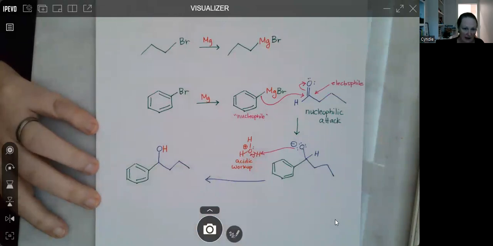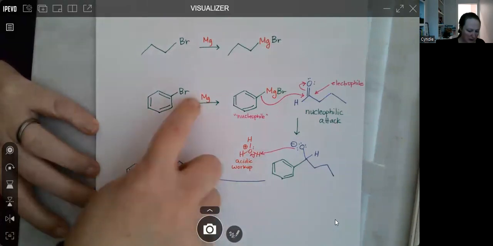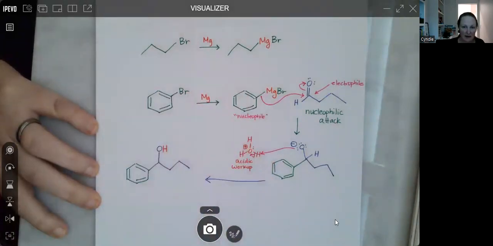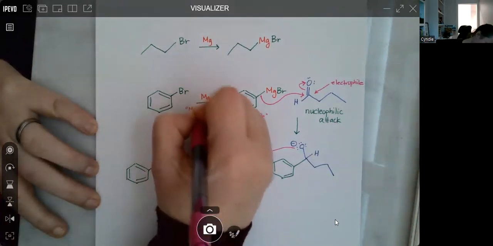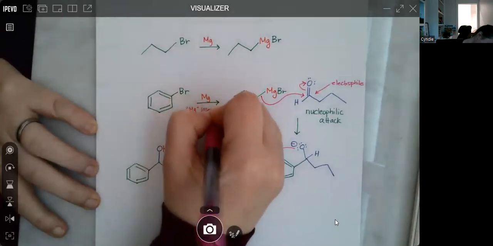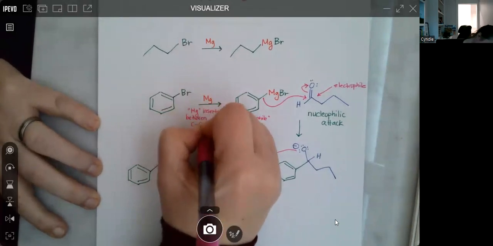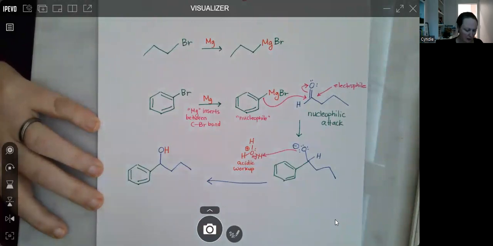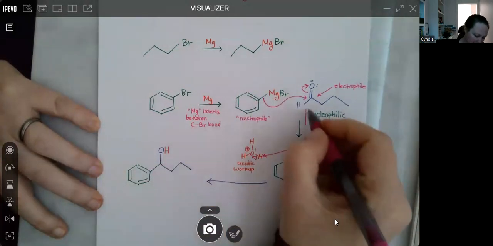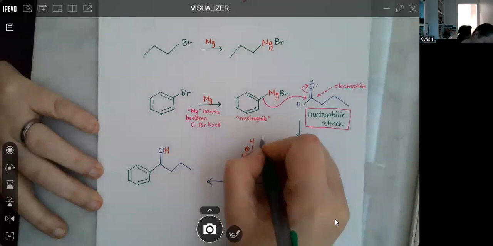So in the end, we have the final product. In this first step, we don't really draw any arrows. We just say magnesium inserts between the carbon-bromine bond. And then we show the nucleophilic attack, followed by the proton transfer.